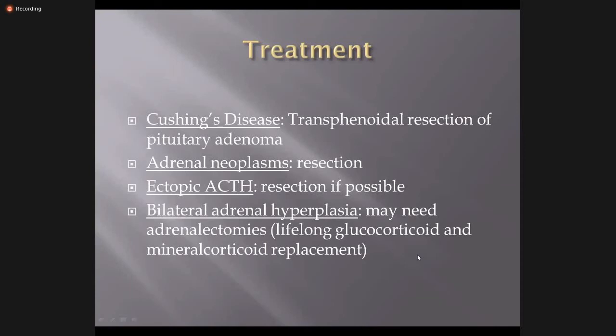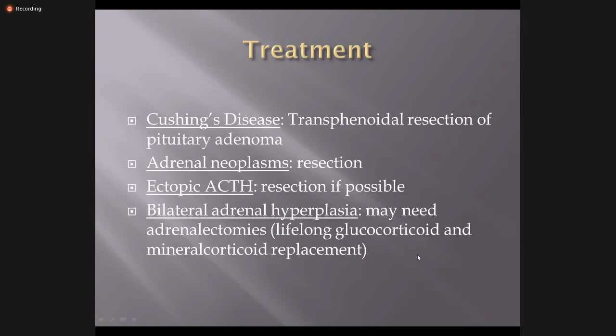So, transsphenoidal resection of the pituitary adenoma. Previously we used the transfrontal, transcranial route; now it is very specific, that is transsphenoidal. We easily reach the pituitary fossa by the nasal route, as the pituitary gland is behind the nasal septum. That is the sphenoidal bone.